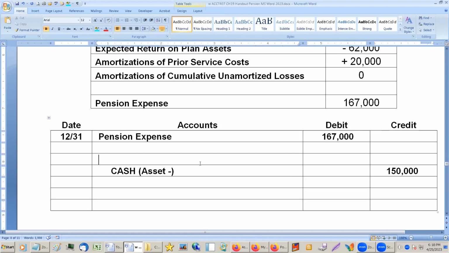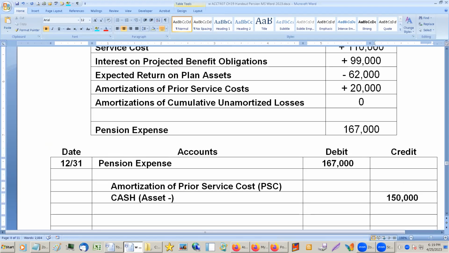It'll double dip if we don't take that out. By the way, if you want to abbreviate this, PSC, that's fine. Prior service cost. And then we have a plug number. What is it, 173,000 debit.